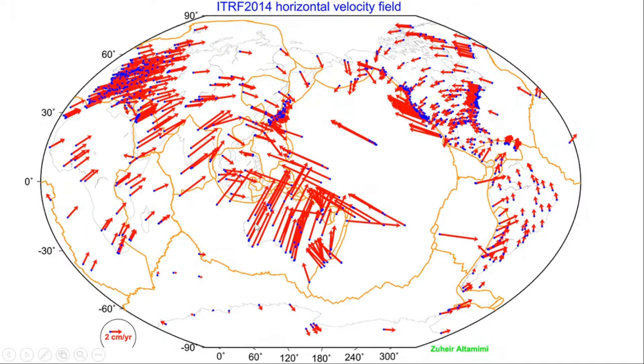This determines that some plates are moving at a high rate and these locations are moving at a low rate, and they also have different angles. So this whole set of vectors gives an idea about the geodynamic processes, the plate tectonics of the Earth, and how the different plates have their kinematics.